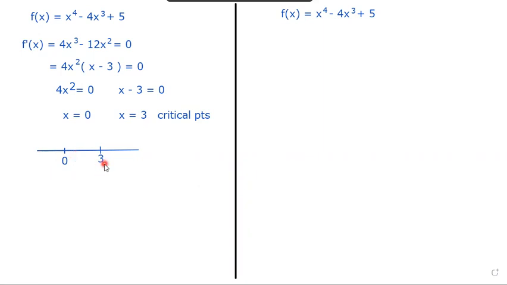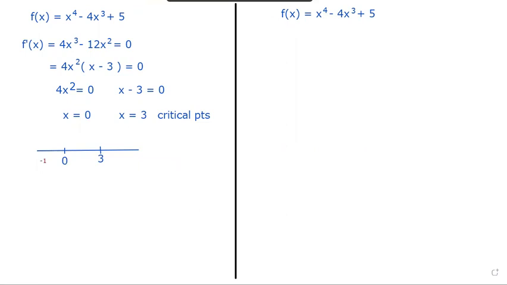And then we're going to use any number larger than 3. We're going to put these in this first derivative to see if they're positive or negative. So the first one, I'm going to use a different color here. I'm going to use a -1 for my test value.